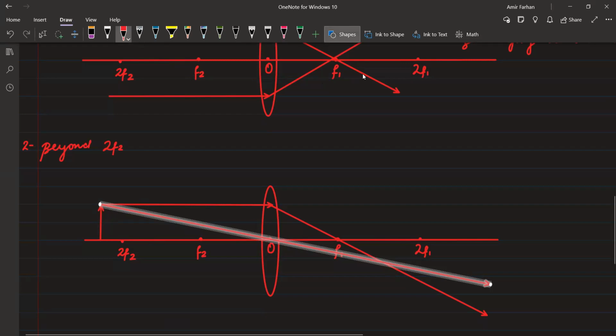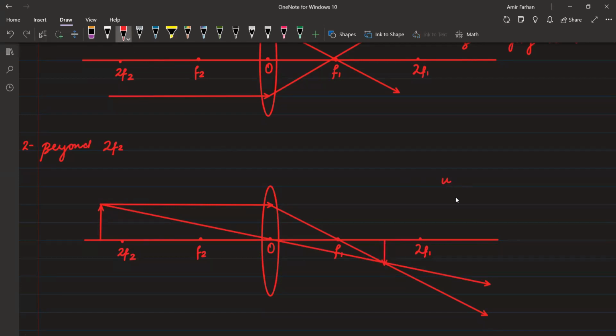So this is the intersection point of the refracted rays. As you can see, this will be your image. So U is beyond 2F2, V is between F1 and 2F1.